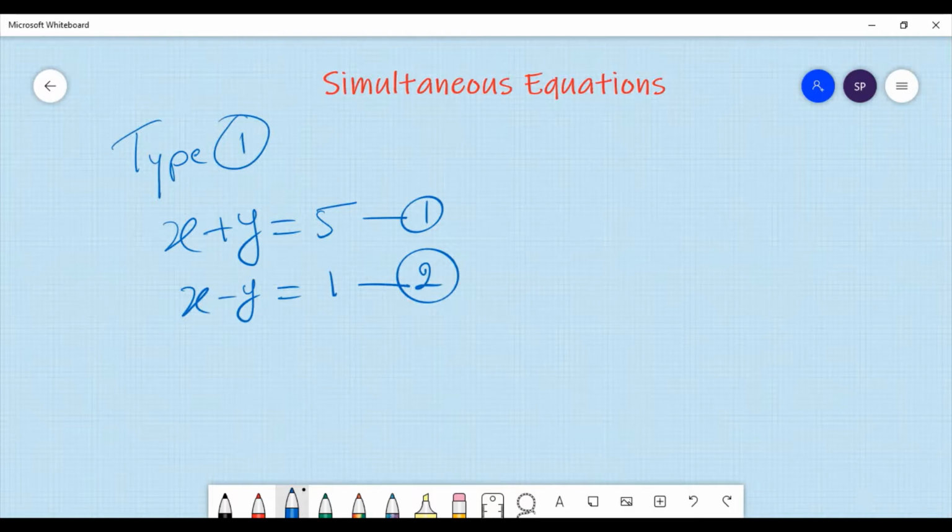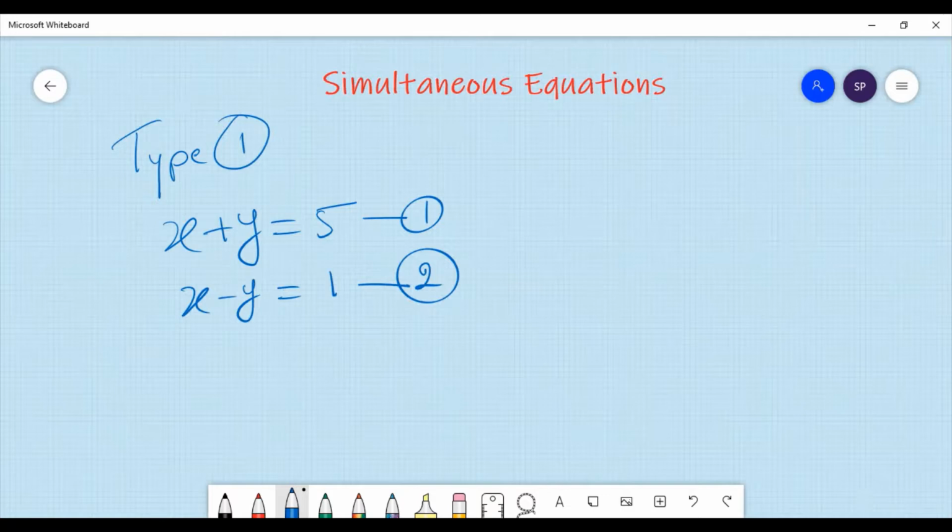As you can see here, the first equation has just x and y, so it's like 1x plus 1y. In the second equation, you still have 1x minus 1y. So how do we solve this?